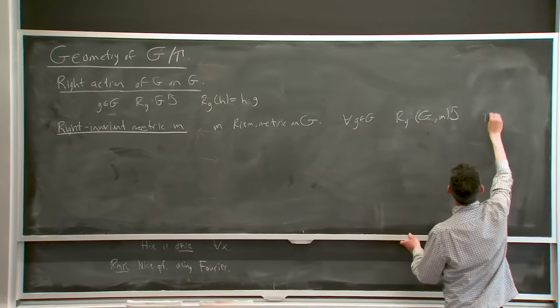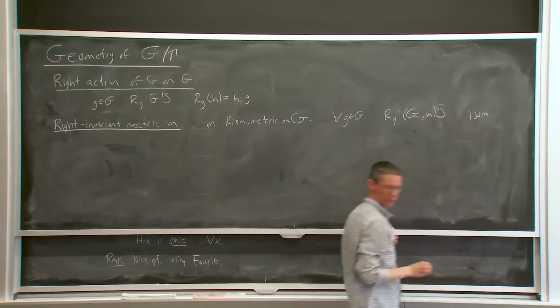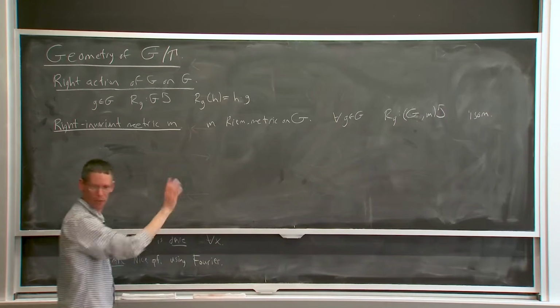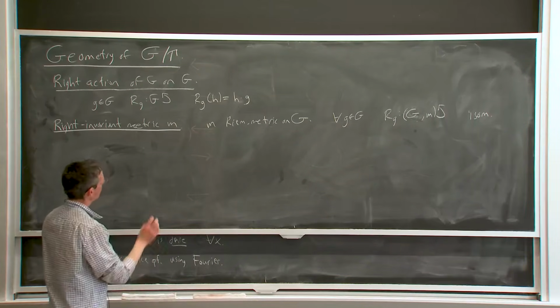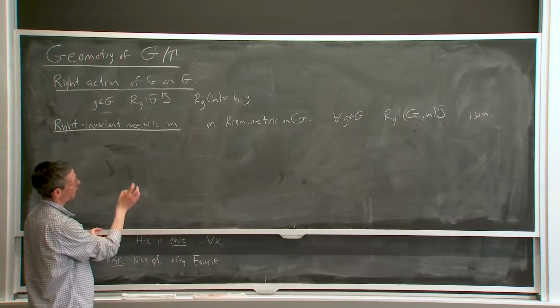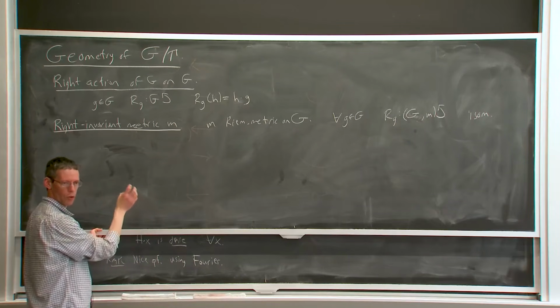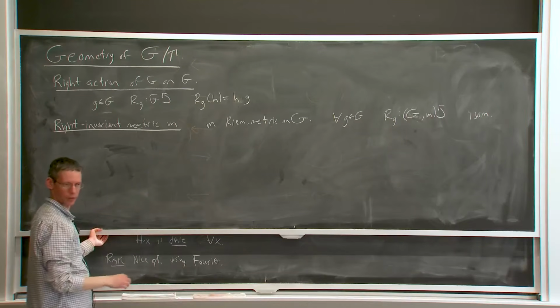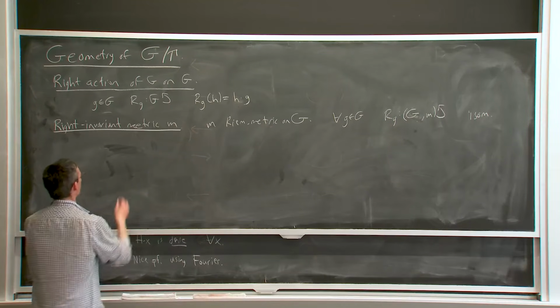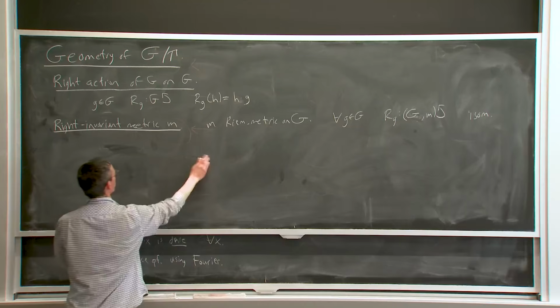And for every g in G, this is an isometry. That's what it means to have a right invariant metric. Where do they come from? The idea is that we'll put a metric at the origin, and then we'll use R_g to help define the metric at every other place.